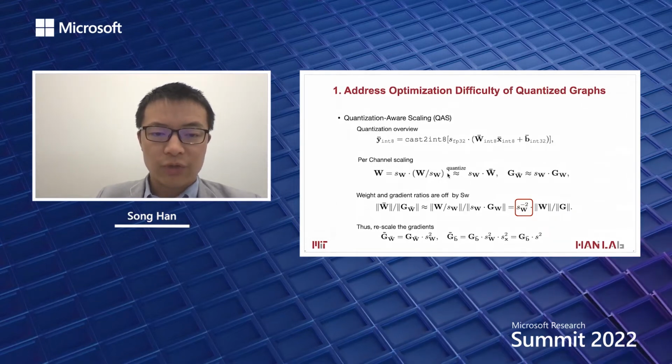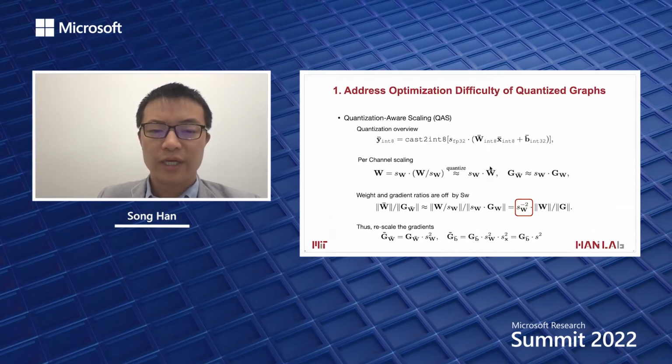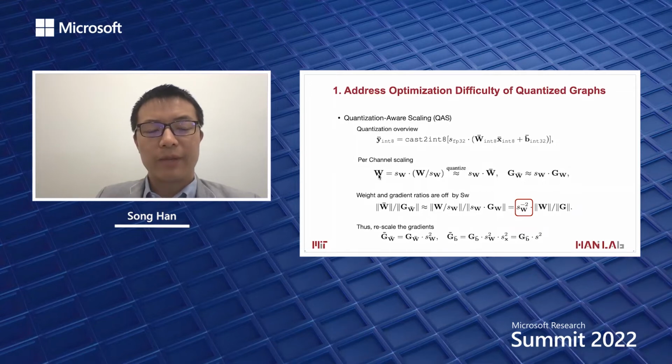Therefore, if we use this W hat to represent the quantized weight, S is the scaling factor, and the floating point weight actually equals this scaling factor that projects from minus 128 to plus 127 back to the original min and max.